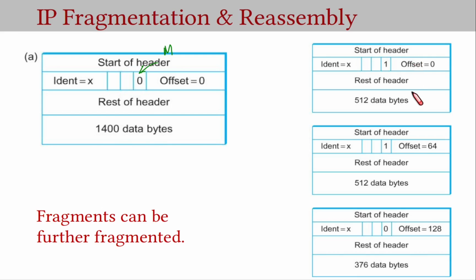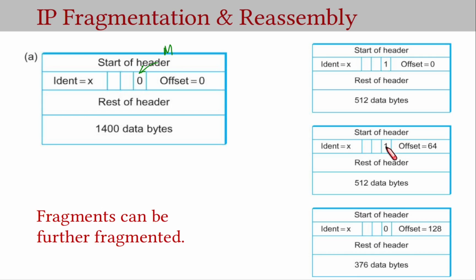Now in the first fragment, the identifier remains the same. However, now this flag is set. So what it means is that there are more fragments to this datagram, and the offset is still 0. The rest of the header remains the same, and we have sent 512 bytes of data. Now the second fragment, the identifier is the same, and you should realize that this has to be the case for the destination to reassemble this datagram.